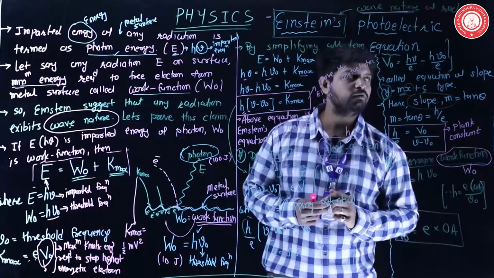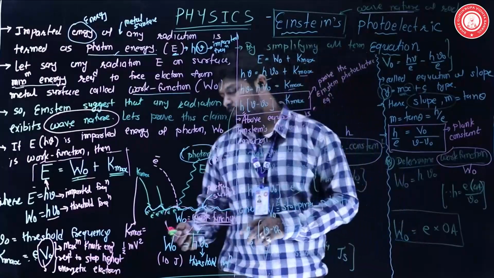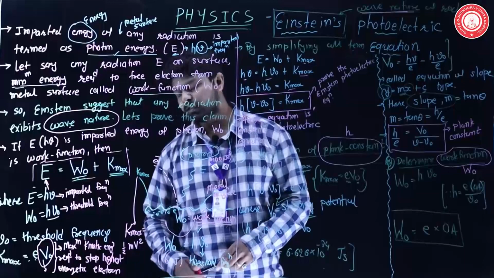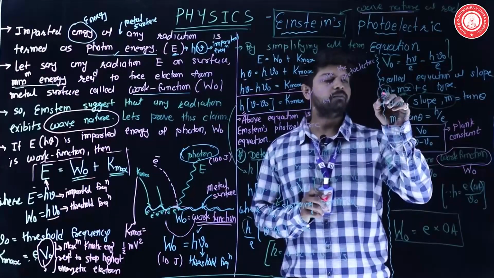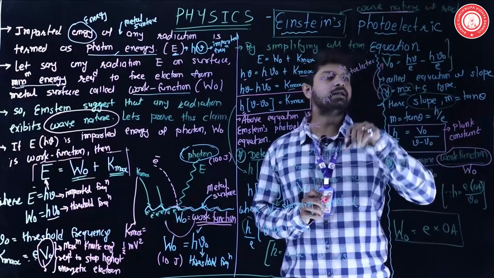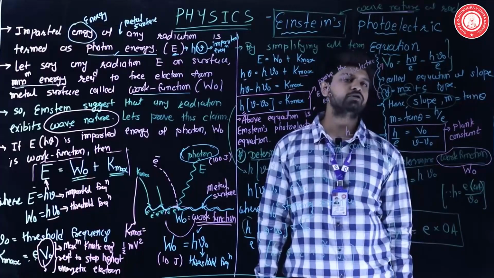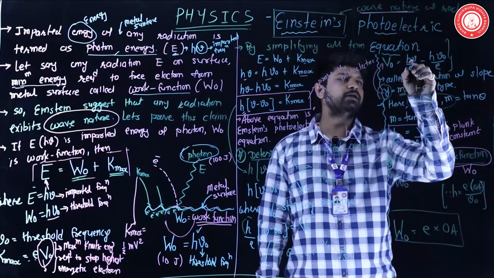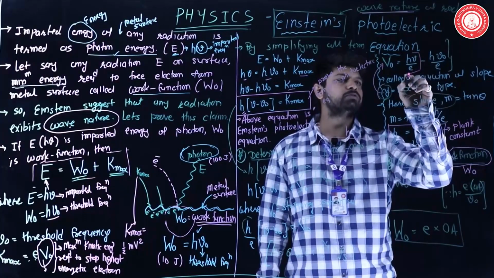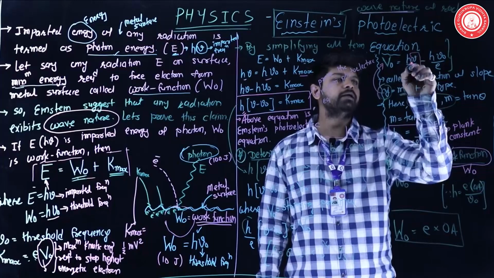So, if I compare both equations via functions, my y is directly related with my capital V0, the stopping potential. My x is directly proportional to ν by e.